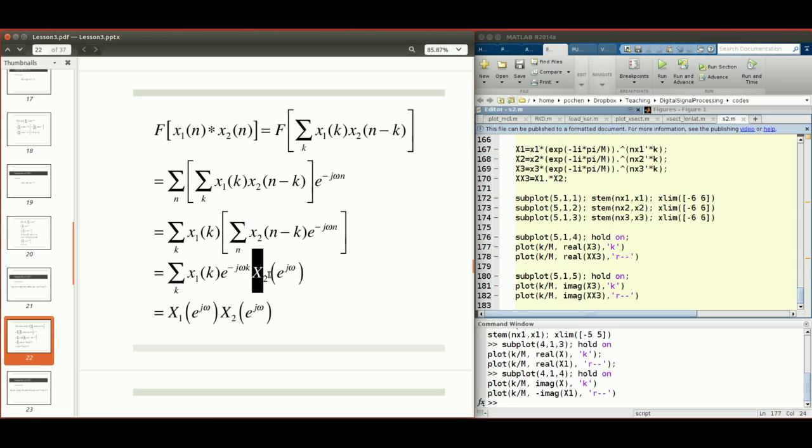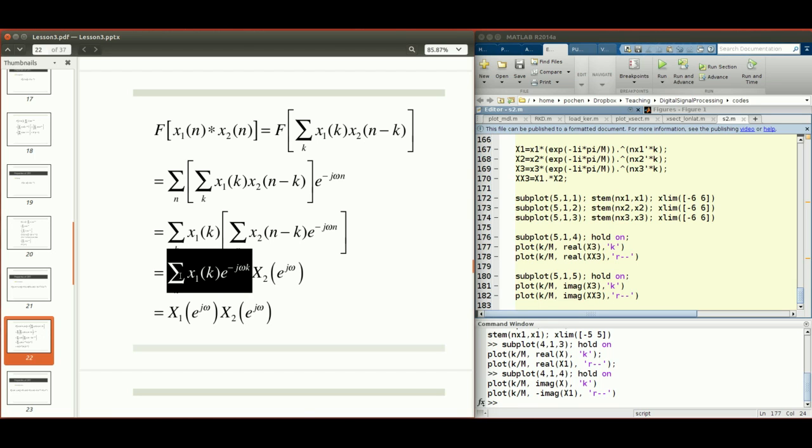Big X2 is a function of omega. It does not depend upon k or n. But e to the minus j omega k depends upon k here. And then you have a summation over k, and x1 depends upon k. Let's look at the whole formula under the selection.